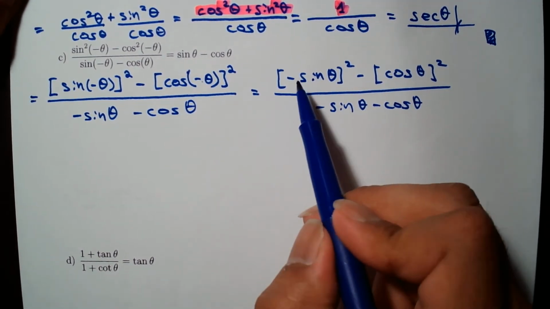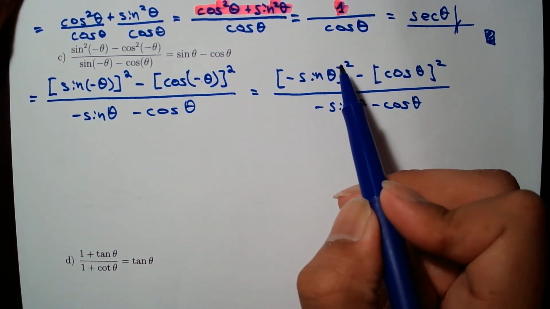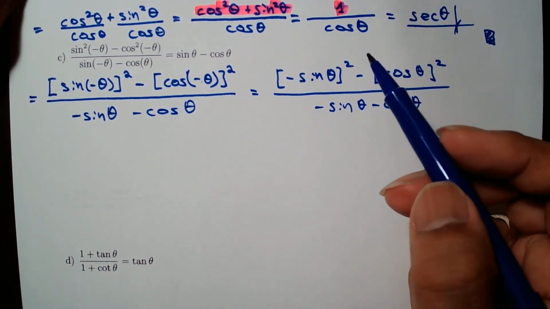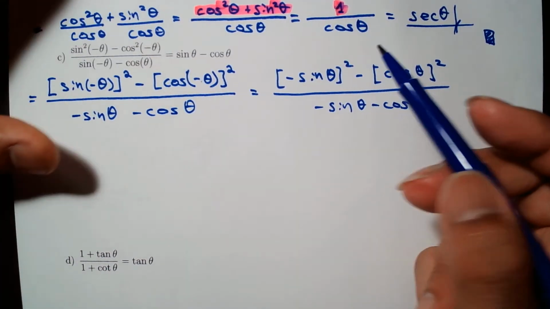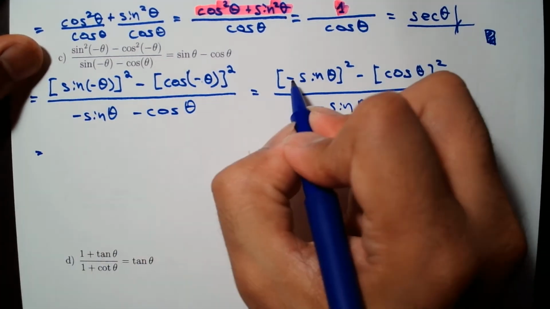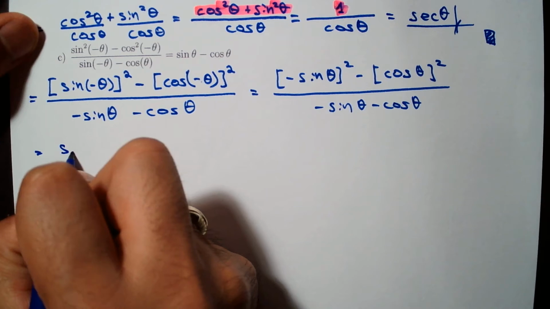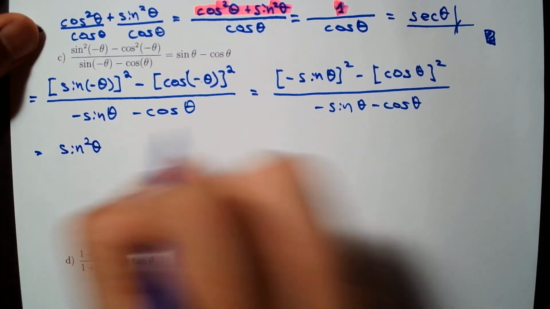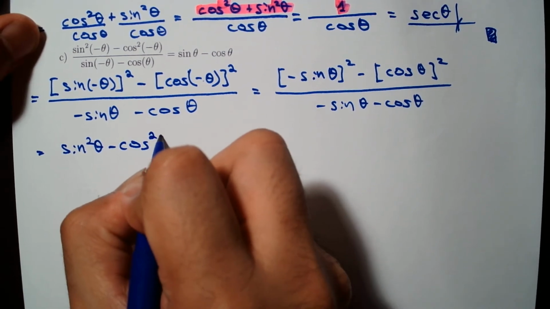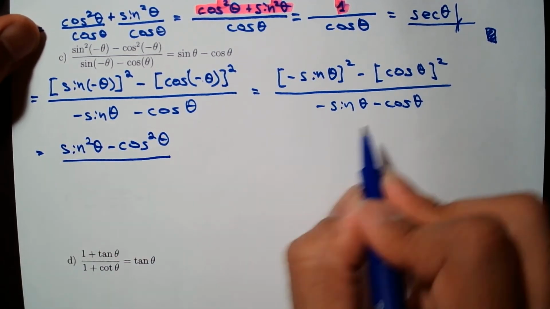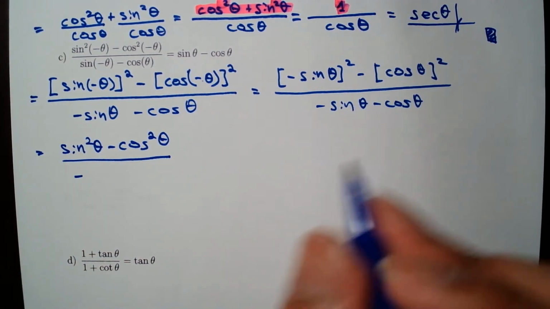Be careful here, because a negative quantity squared is going to be positive, isn't it? So we're going to have negative sine quantity squared, which becomes positive sine squared. Then minus cosine squared, divided by negative sine theta plus cosine theta.